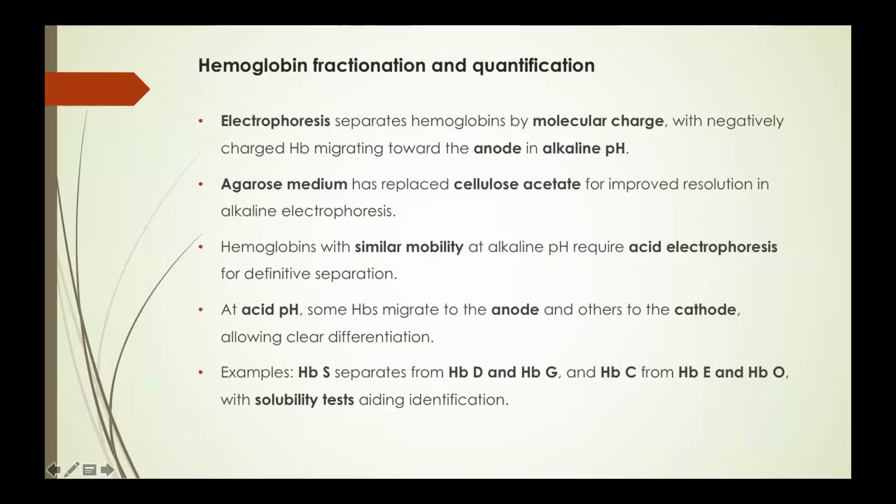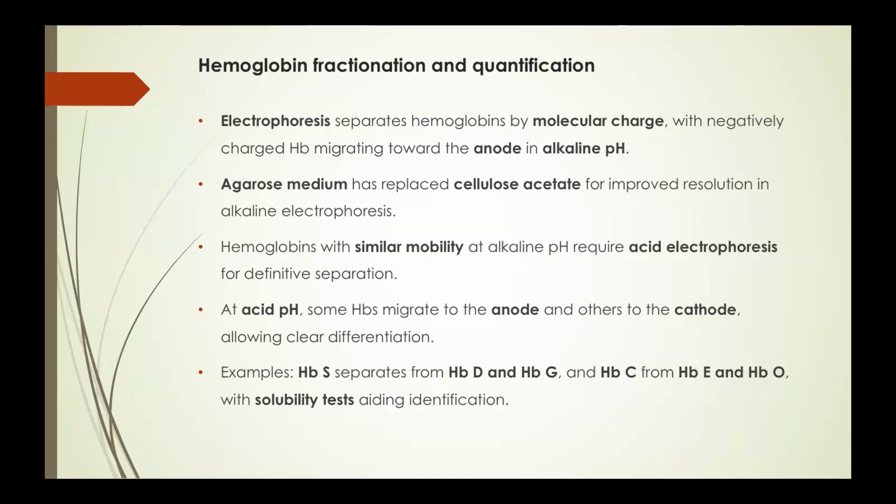Okay, secondly, we can also perform hemoglobin fractionation, which is also known as hemoglobin quantification. Hemoglobin can be quantified using electrophoresis or HPLC. In electrophoresis, of course, hemoglobin is separated in accordance with molecular charge. Negatively charged hemoglobin migrates towards the anode in alkaline pH.